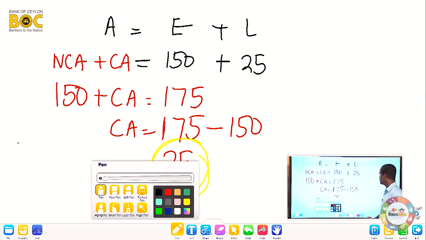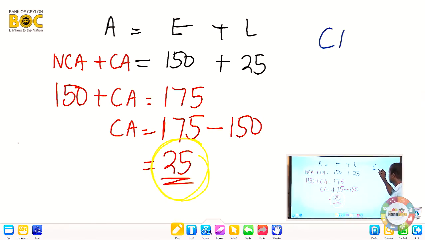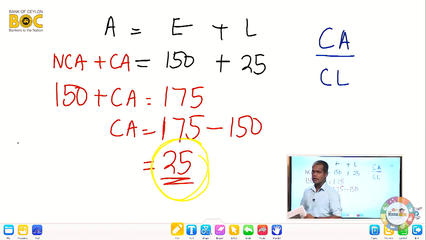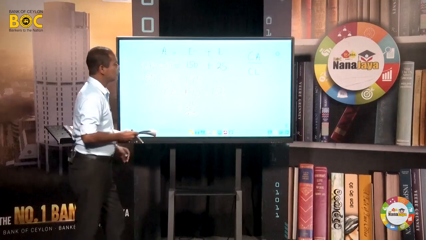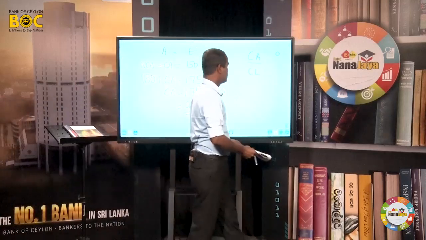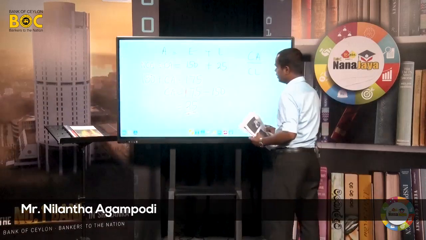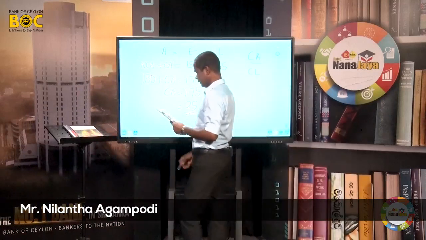The current ratio equals current assets over current liabilities. In a company, we calculate current ratio as current assets over current liabilities.